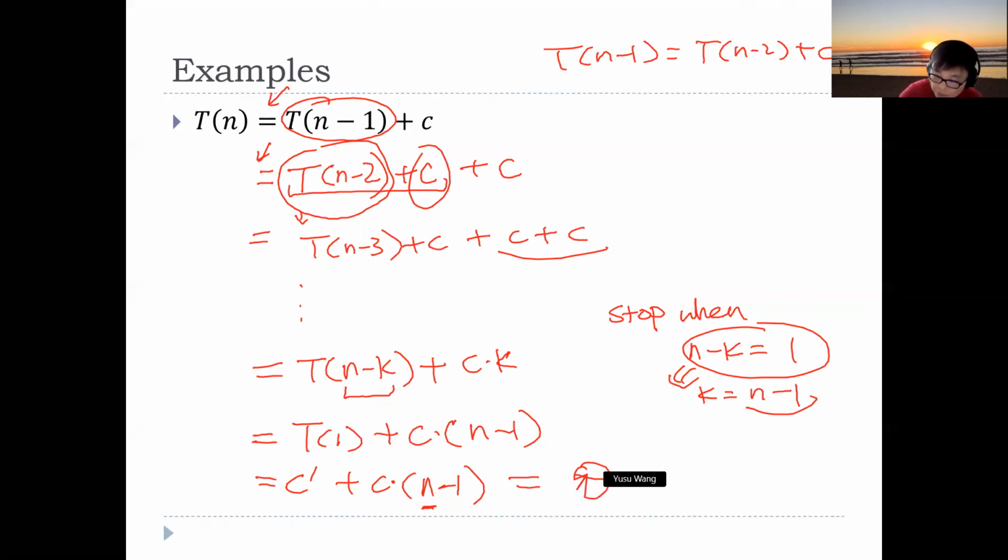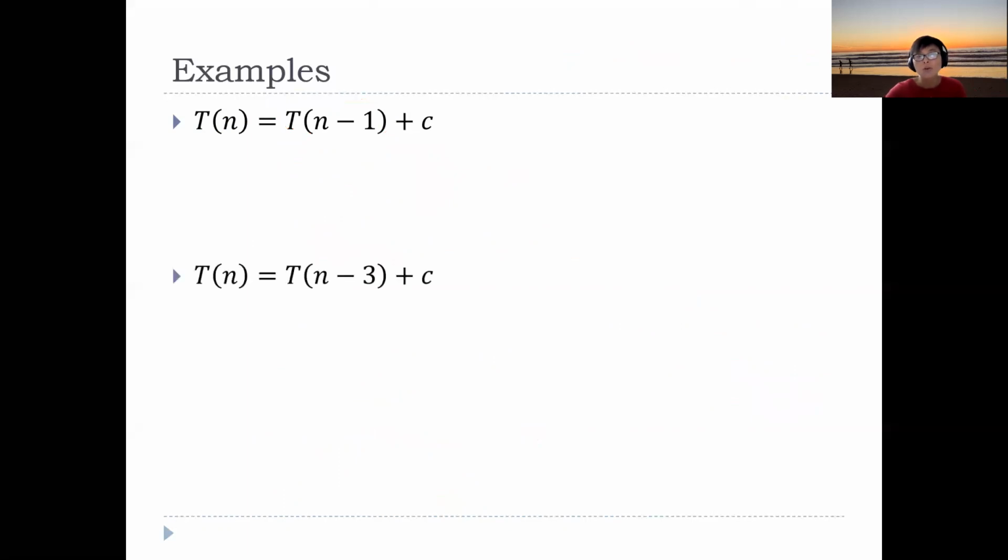Now, in the slide, I also give you another one. What if instead of n minus 1, I have n minus 3? Let me just quickly write it out. Well, we do the same.